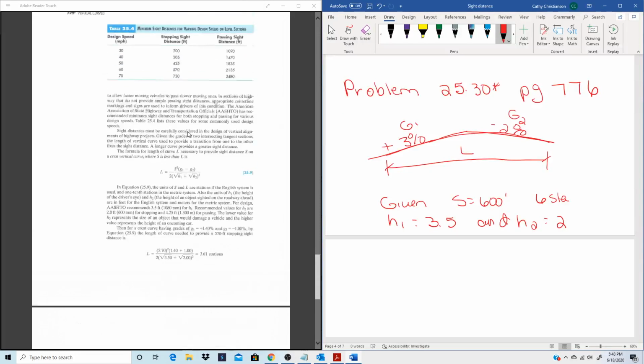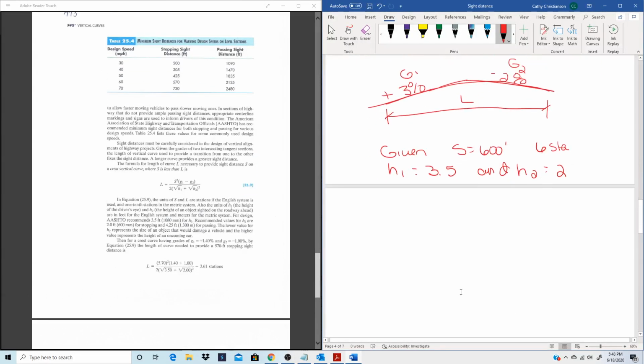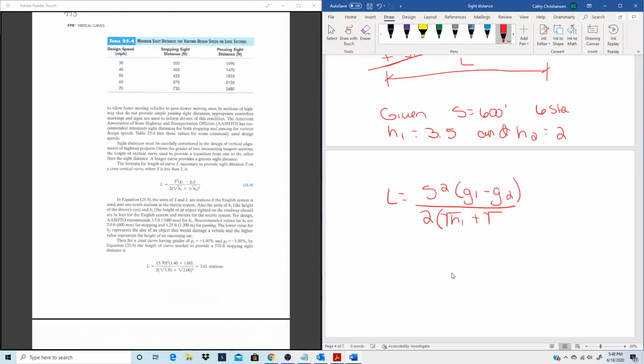So I'm going to start right here with this equation first. I'm going to scroll up. So L equals S squared times G1 minus G2, all over 2 times the square root of H1 plus the square root of H2, squared.